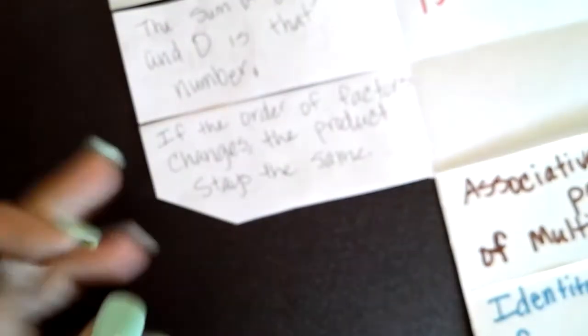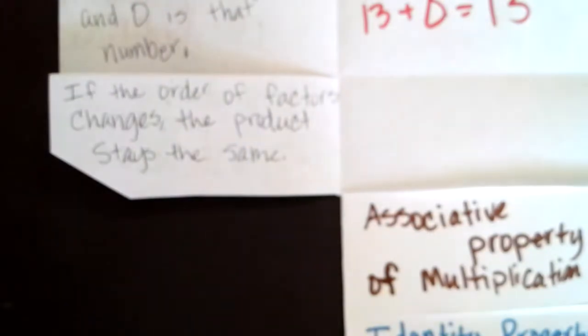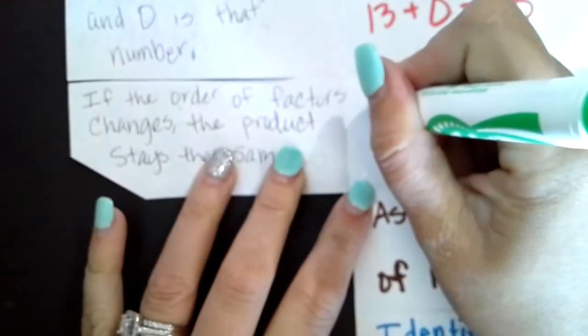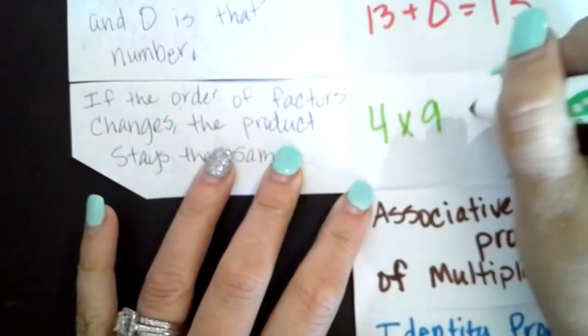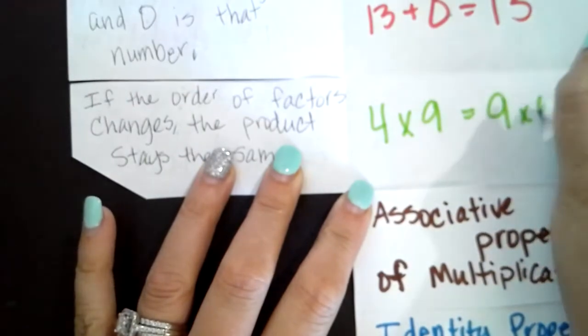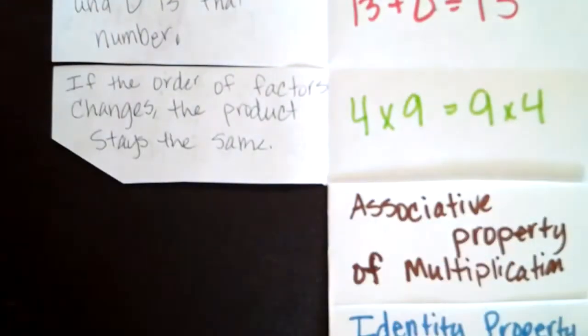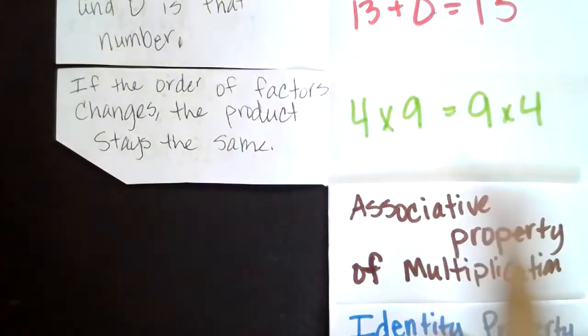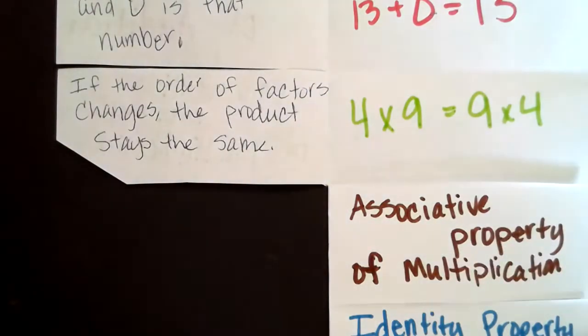So an example of that could be 4 times 9 is equal to 9 times 4. My answer doesn't change. That's going to do the same thing.